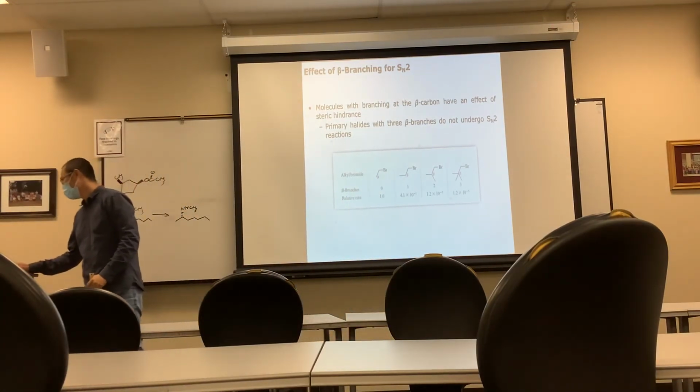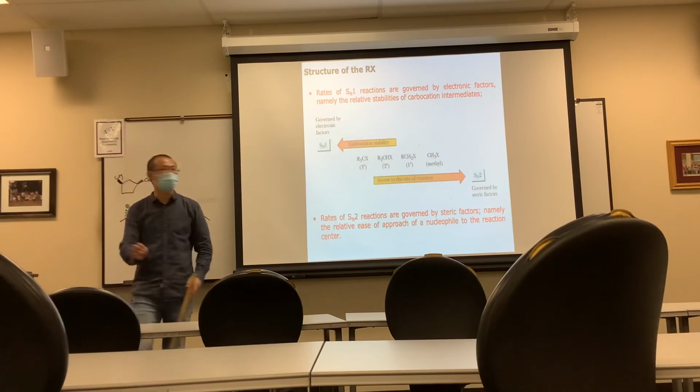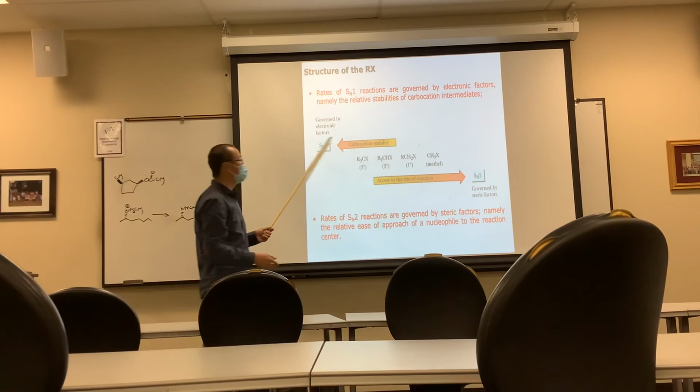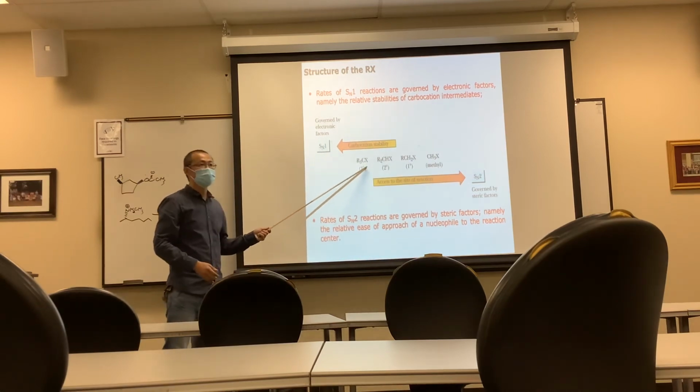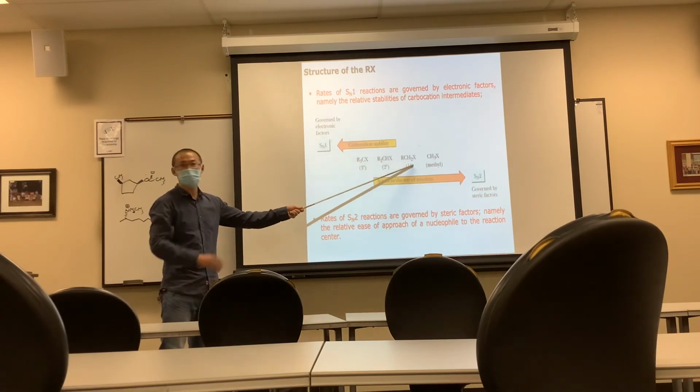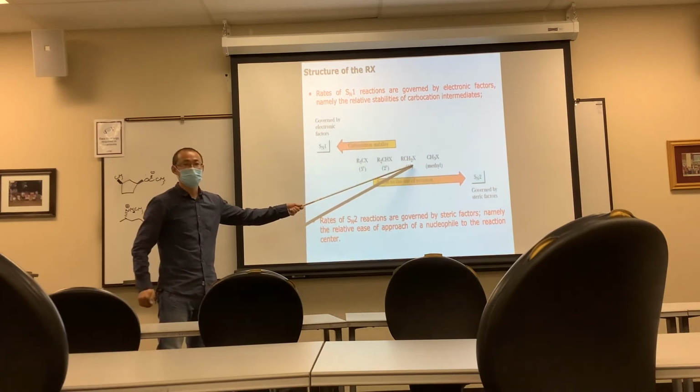So here's the summary of RX. Again, I told you it's easy to understand, but please be able to interpret using structures. SN1 prefers what? Tertiary over secondary. Primary, never SN1, unless it's what? Allylic or benzylic.